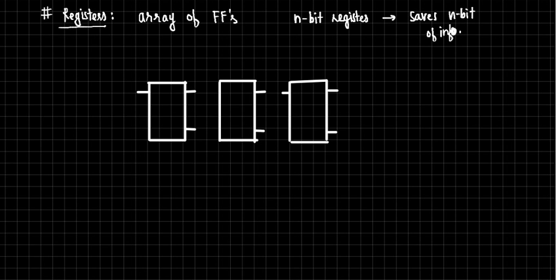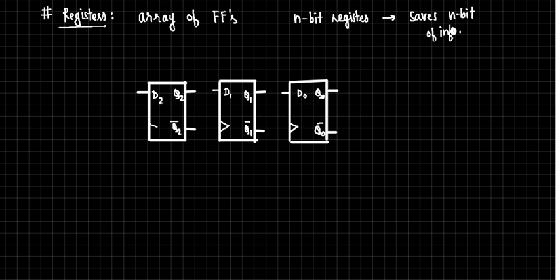So this is D, let me write it as D2. There is a meaning for that. So let it be D1, and D0 and so on. This will be Q2, Q2 bar, Q1, Q1 bar, Q0 and Q0 bar, and of course there will be a clock.